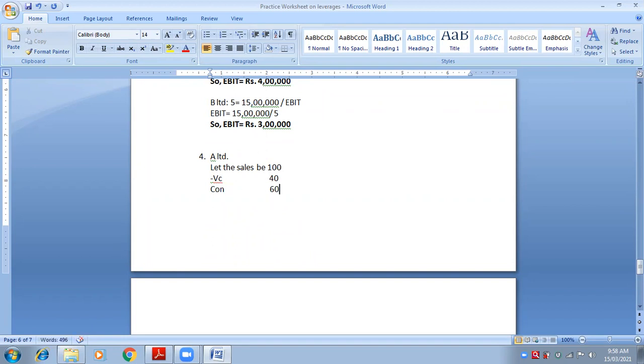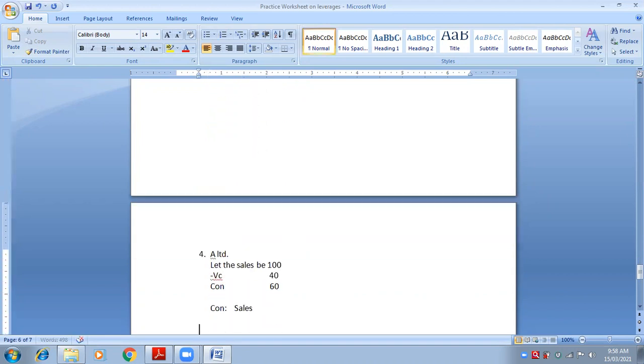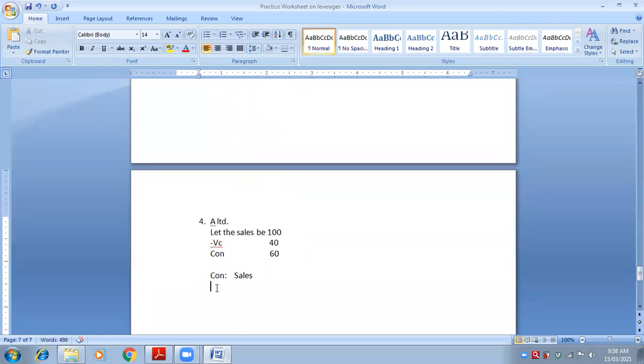Now you will make a ratio. Contribution is to sales, because we need to find out sales. According to assumption, what is contribution? 60.